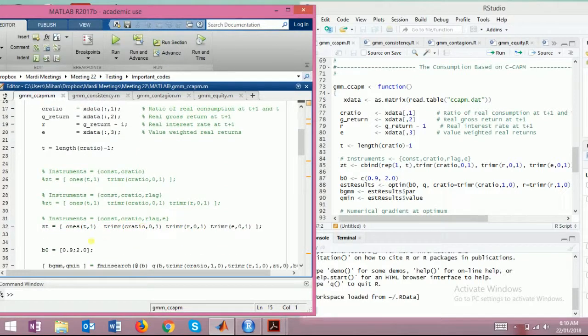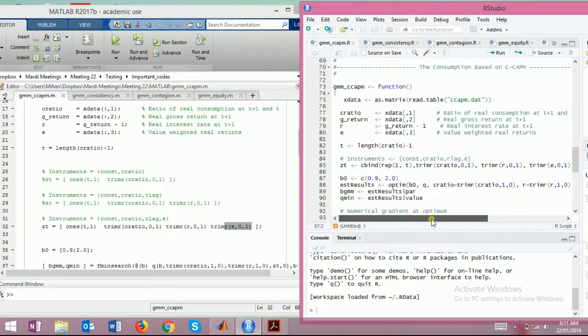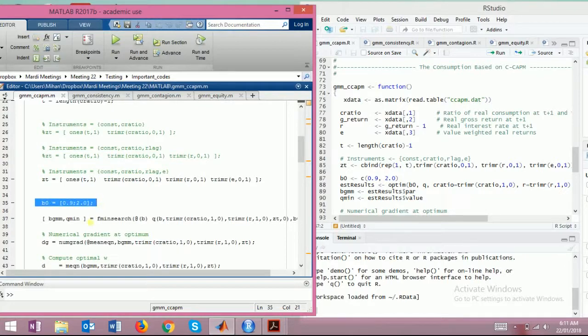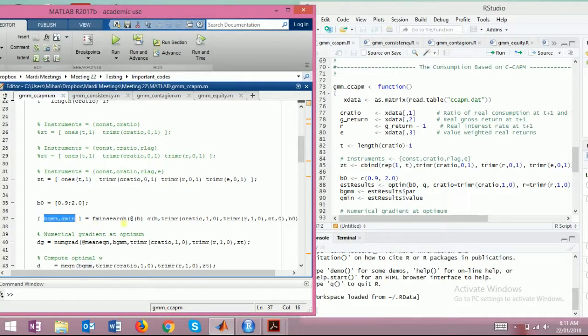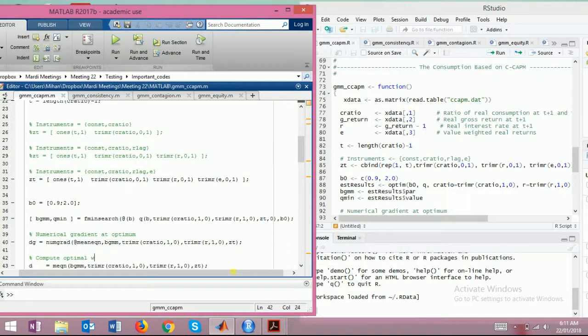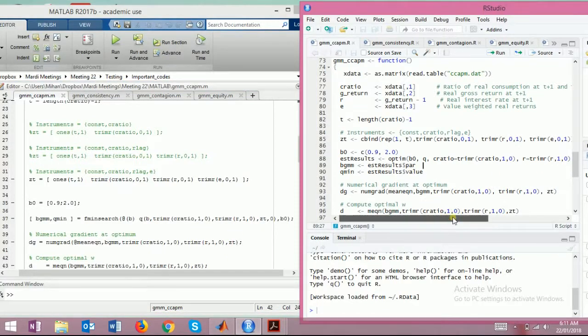So then we bring in our data, ZT. Now here we have ZT, we also have E, right? ZT is kind of like an exogenous variable. We're starting with ones, so replicate 1 T times, then we take the lags, because C ratio 0 1, trim R 0 1, trim R E 0 1, so we trim the function. This is initialization, then we search for the parameters and run the optimization for C ratio.